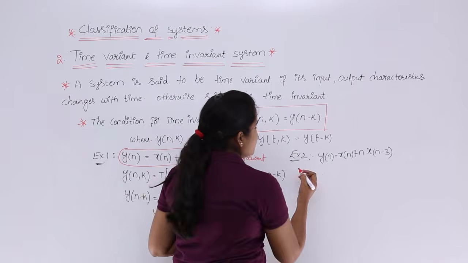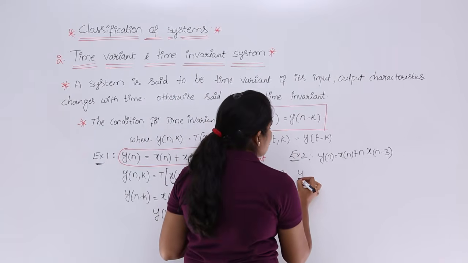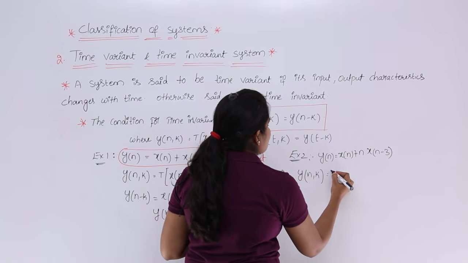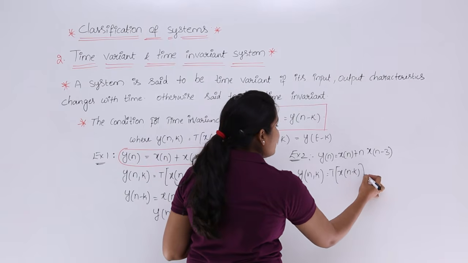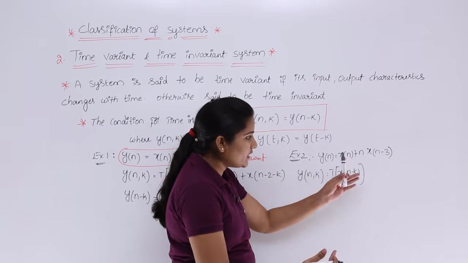Now, first of all, to check time variant and invariant, you need to consider your input change, that is y of n comma k. That means input change means transform of x of n minus k. You need to delay your x signal by k samples each time, that is a shifted version of x.